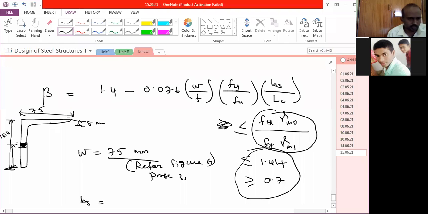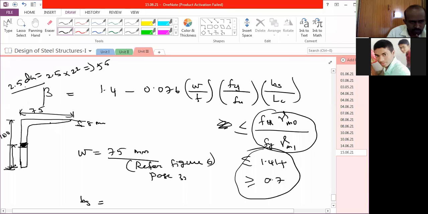So what is the end distance we shall provide? End distance shall be provided 50 mm. Here they are providing end distance as 50 mm. Here lack, so as like 2.5 DH. So what is the 2.5 DH? 2.5 times of diameter of the bolt hole, which is 22. How much? 55 mm.